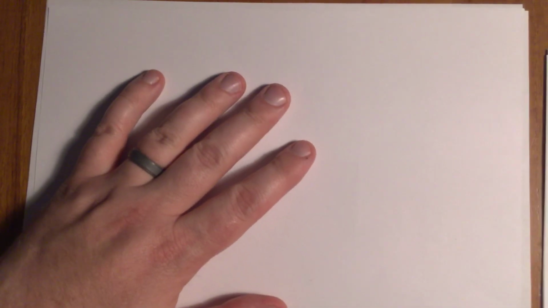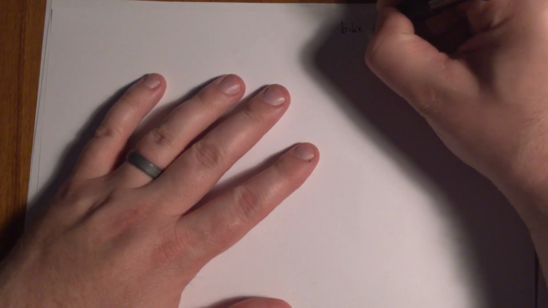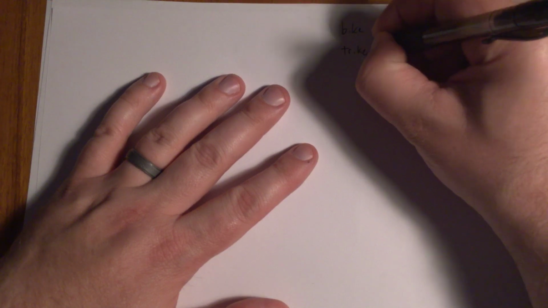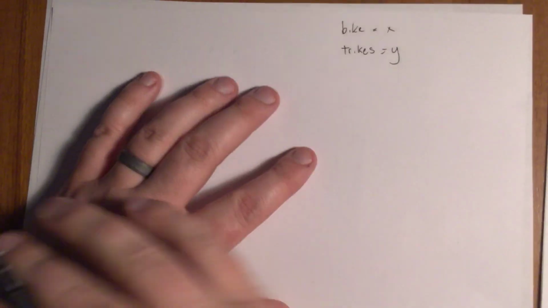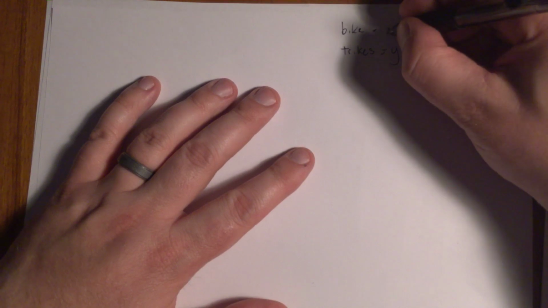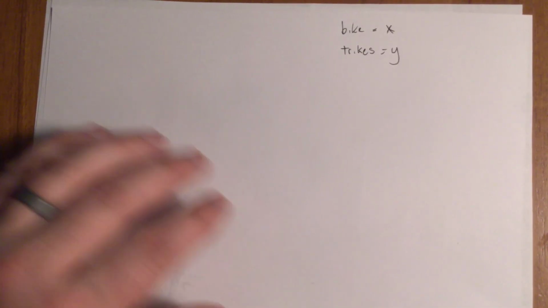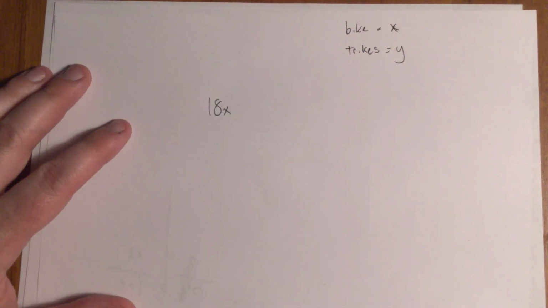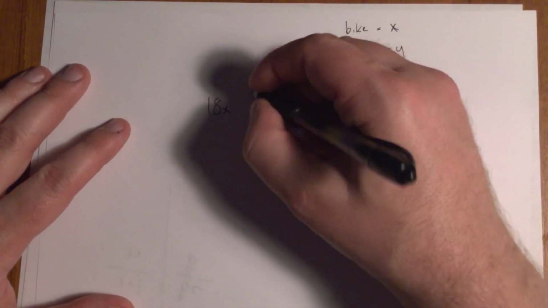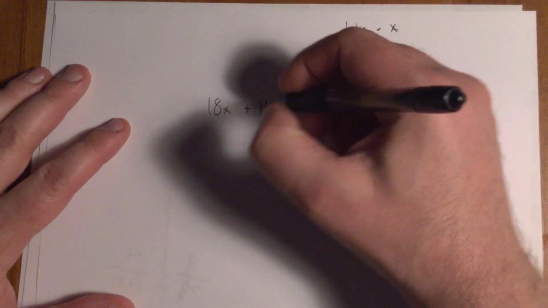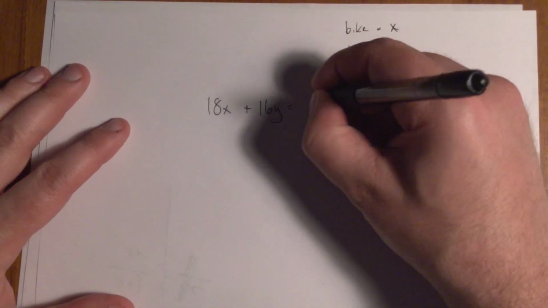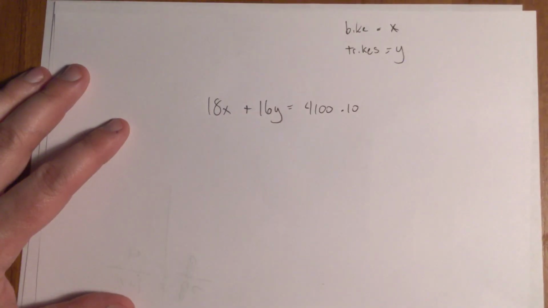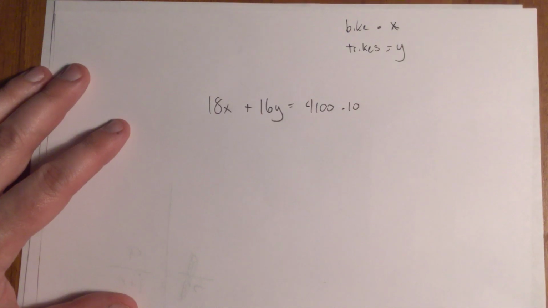So bicycles are going to be X and trikes are Y. Bikes are X, tricycles are Y. So he bought 18 bicycles, so 18 times the amount of bikes plus 16 trikes for $4,100.10. Okay, there's my first equation.